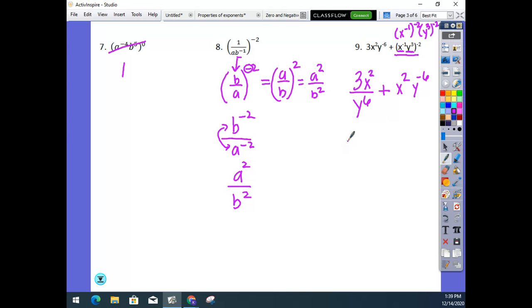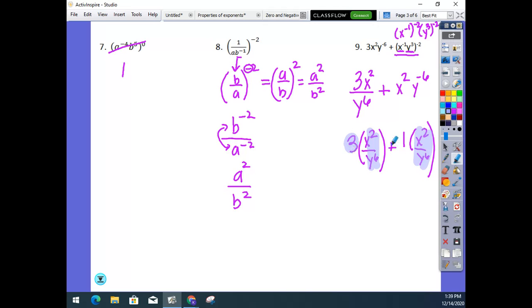Now, I want you to think of it this way. This is 3x squared over y to the 6th plus 1x squared, moving the y to the bottom, over y to the 6th. Notice how these are like terms. When you add, you can only add like terms.